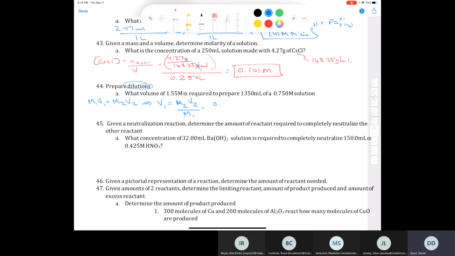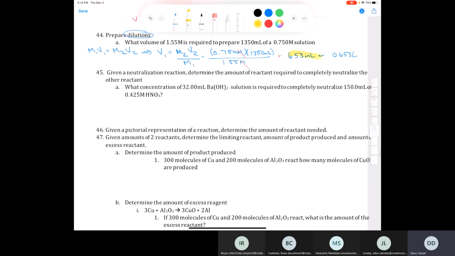So our M2 is 0.750 molar. Our V2 is 1,350 milliliters. And our initial or stock solution is 1.55 molar. You see that concentration cancels out, and we end up with a volume in milliliters, which is 653 milliliters or 0.653 liters. Either one is totally fine with me.